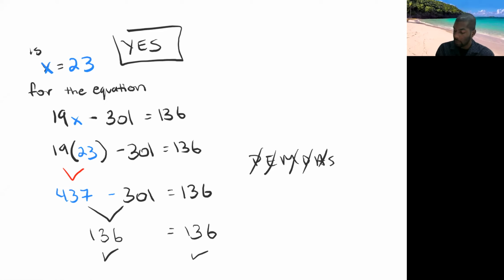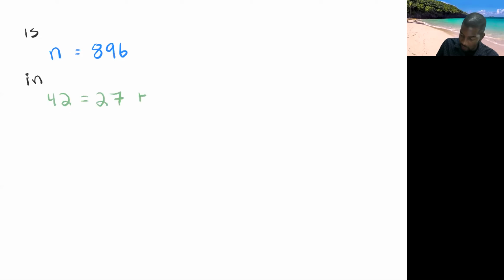Let's try another one. Again, please write these down in your notebooks. All right, so for example, let's say, is x, or let's go with n in this case, is n equal to 896 in the equation 42 equals 27 plus n divided by 56.